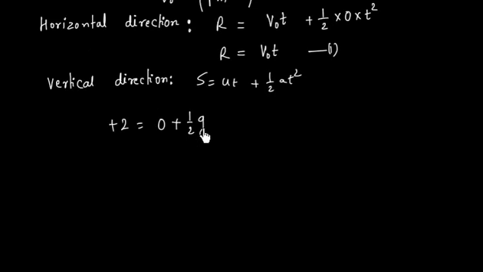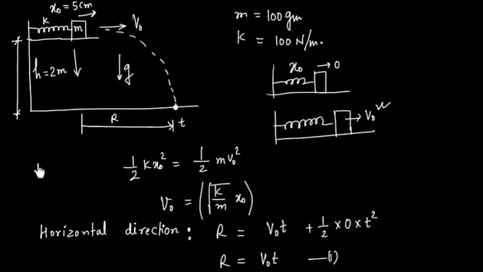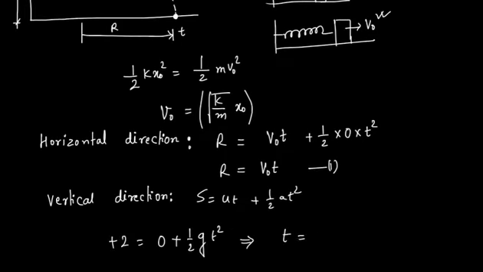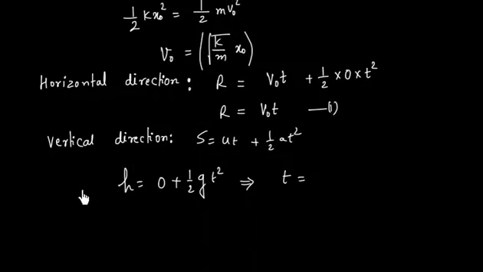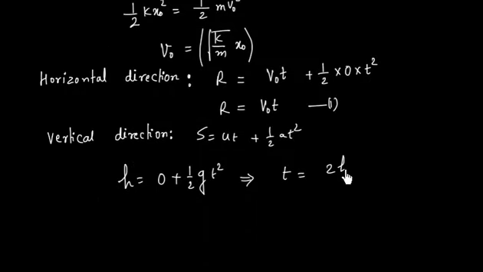So this is half g t square. So from here we can calculate, h is equal to half g t square, so t is equal to under root 2h by g.